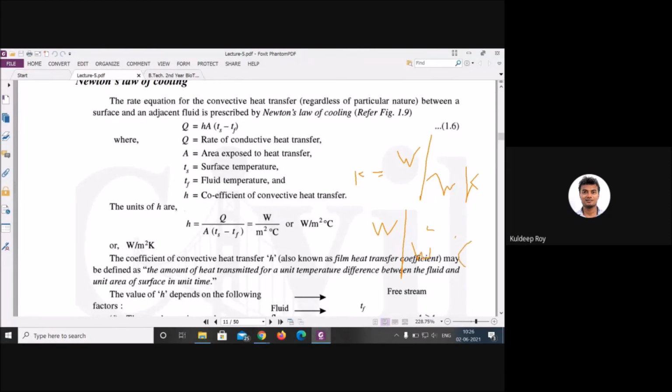If you compare h and k, k depends only on length, but h depends on the area. This is the difference between h and k.